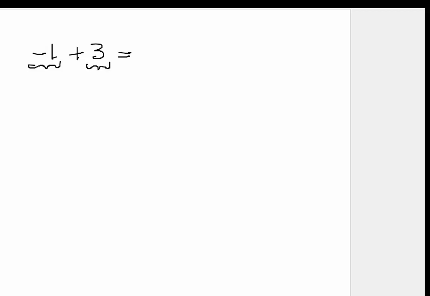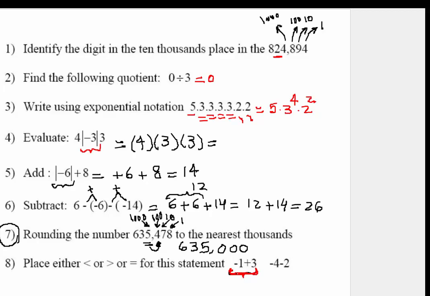How much money do you have, Matthew? So you need to subtract these, right? You have to subtract 1 from 3. What do you get? If you have $3 and you owe $1, how much money do you have? 2, exactly. So over here, -1 plus 3 would be equal to 2.